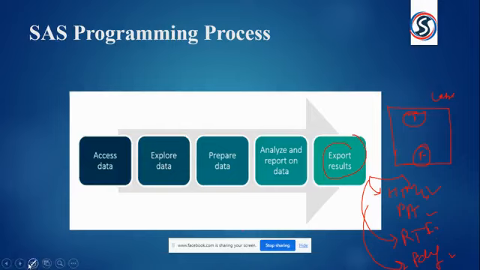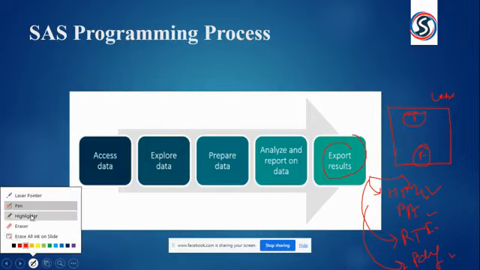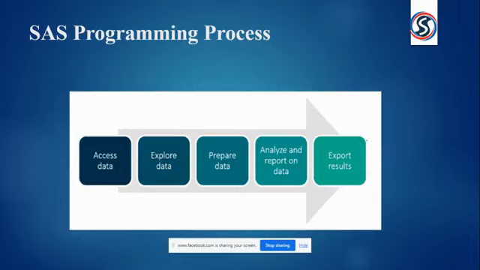Now where will you write and perform this? When I am talking about SAS, SAS has three interfaces where you can write the code. The first and very famous one is SAS Studio, and it is freely available. The second is SAS Enterprise Guide.